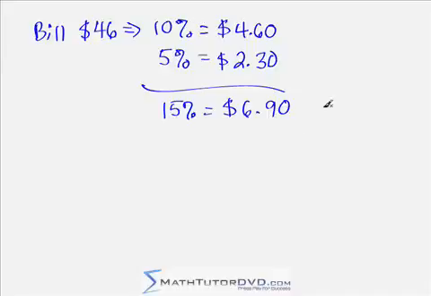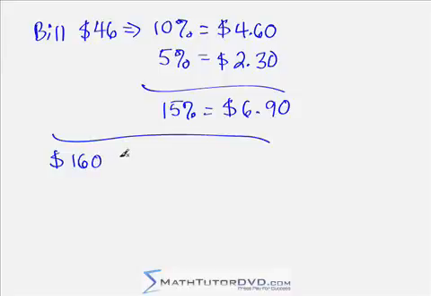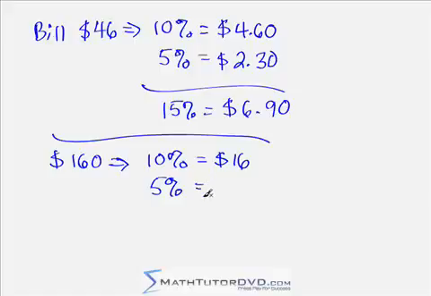And even if you can't quite do it all in your head yet because your skills aren't there yet, you can round these numbers up or down and get pretty darn close. So let's look at that right now. Let's look at a $160 bill, a very large bill. To calculate 15%, let's take 10% first, moving the decimal point one spot, that's $16. And what about 5%?